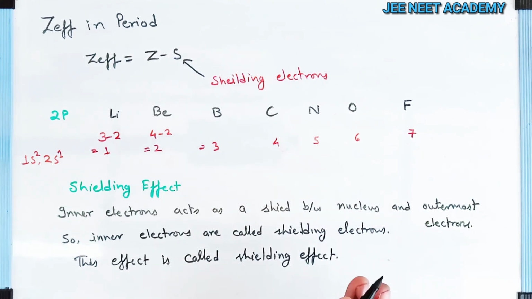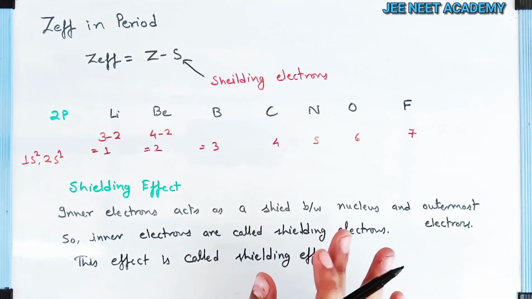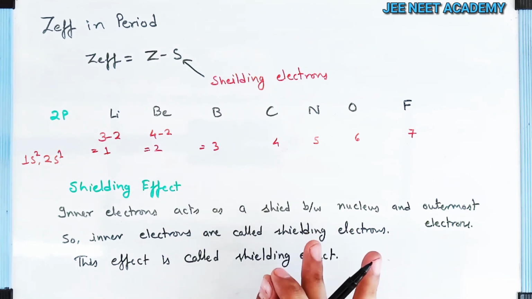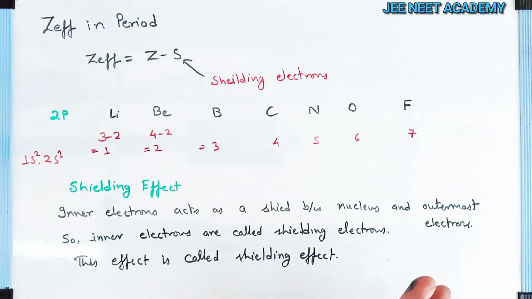In the subshells, for the s subshell Z effective will be the highest, and for f it will be the least. And Z effective is inversely proportional to the principal quantum number. And what is Z effective? It is the net force calculated between the nucleus and the outermost electron.